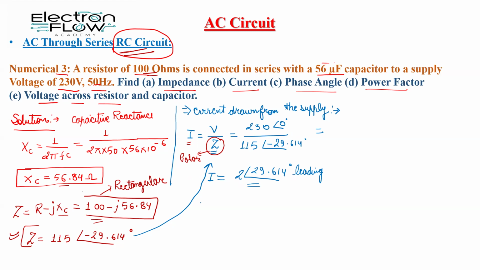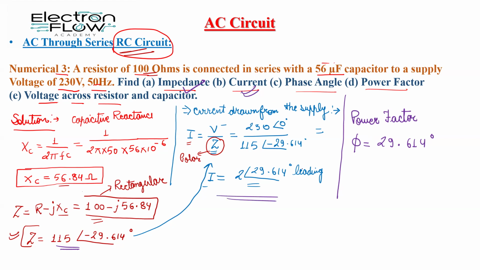Here we know that the phase angle difference between voltage and current gives the power factor. The phase angle phi is 29.614 degree. So what parameters have we calculated till now? First, the impedance. Secondly, the current. And the phase angle, or we can say the power factor.